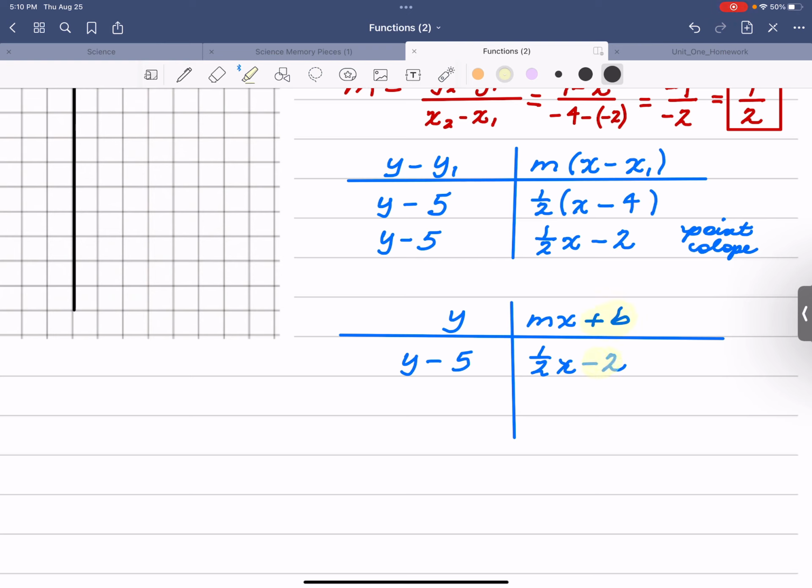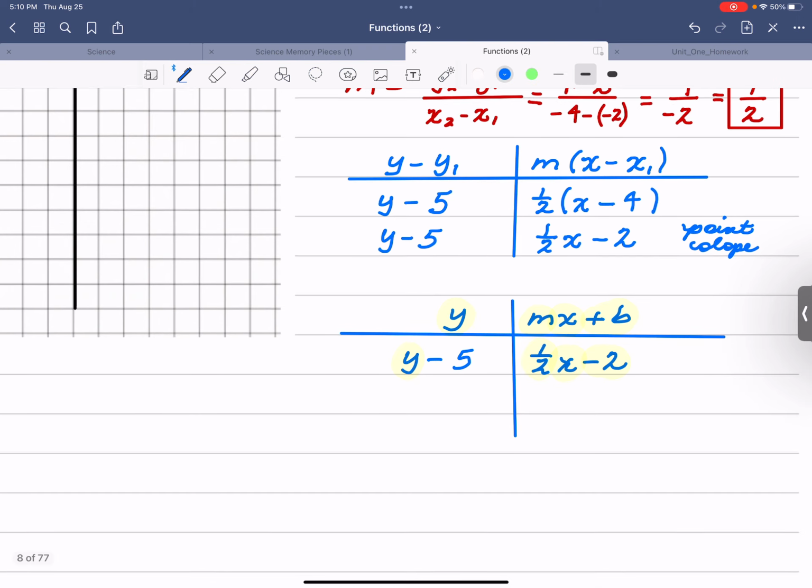We have baby b, at least part of baby b. We have slope, and we have x. No problems there. We have y, and we have y. So it's that -5 that needs to move. And we're going to move him right over here. So y equals 1/2 x plus 3.